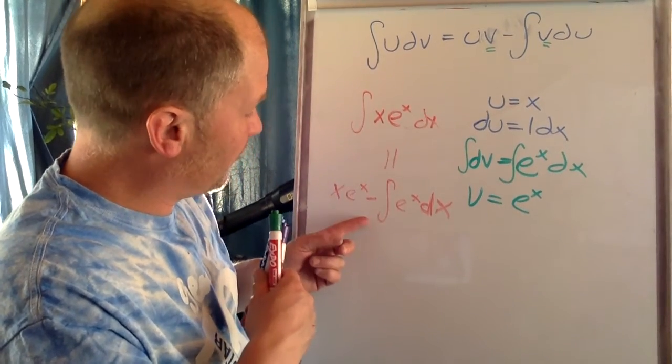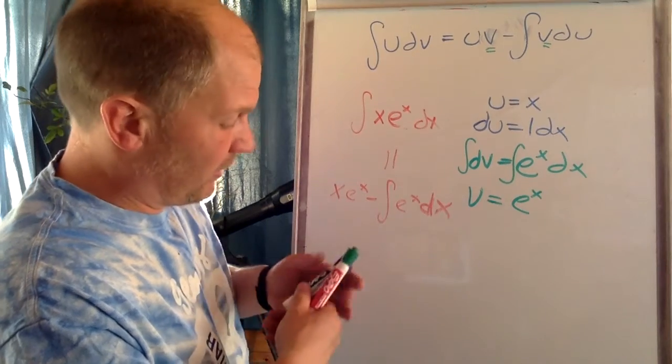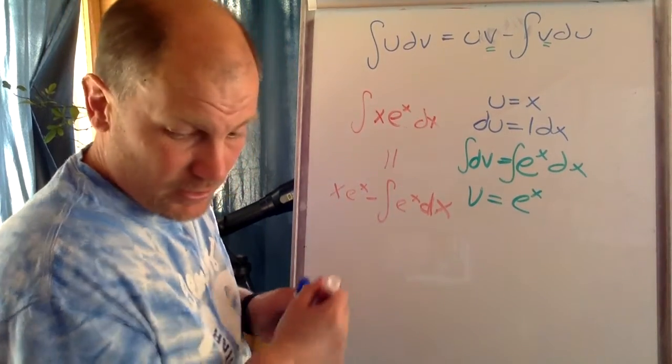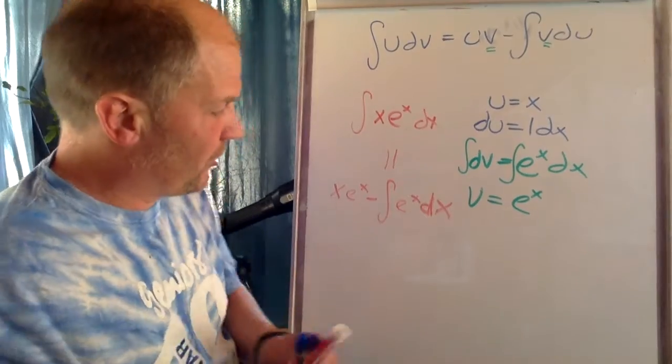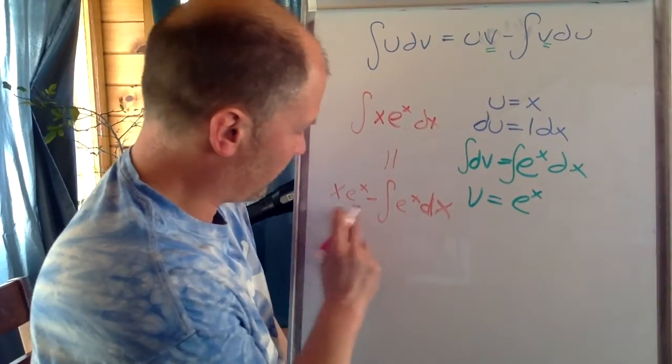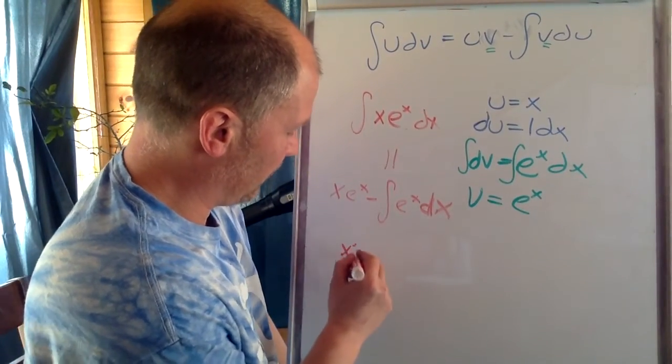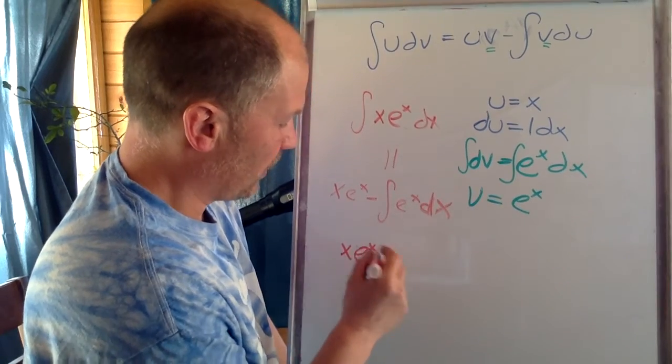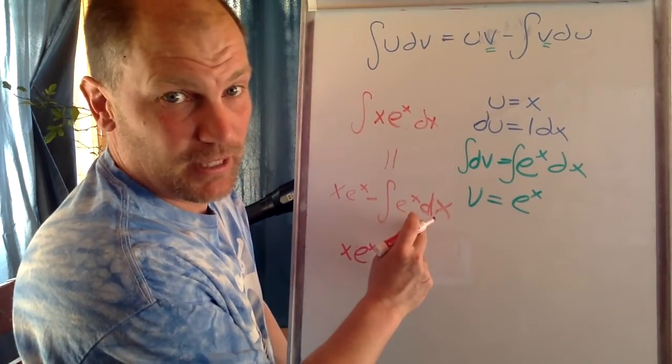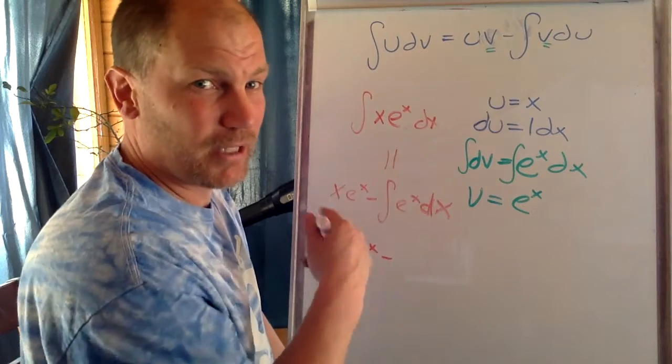So now this is nice because we don't need to integrate the left side. The left side is what it is. We are all set with that. Maybe I'll change my red marker. The left side of this equation is x e to the x minus the integral of e to the x. Well, we talked about that before.